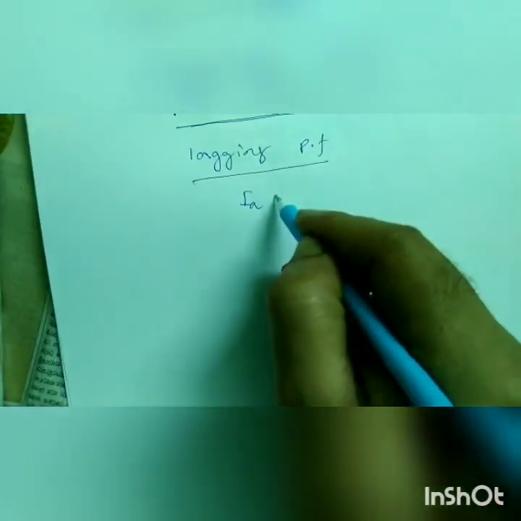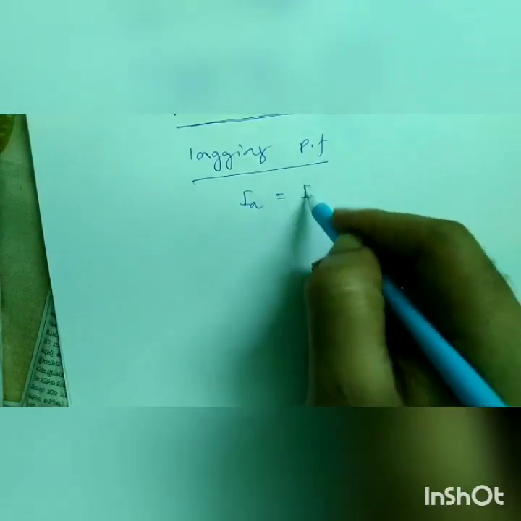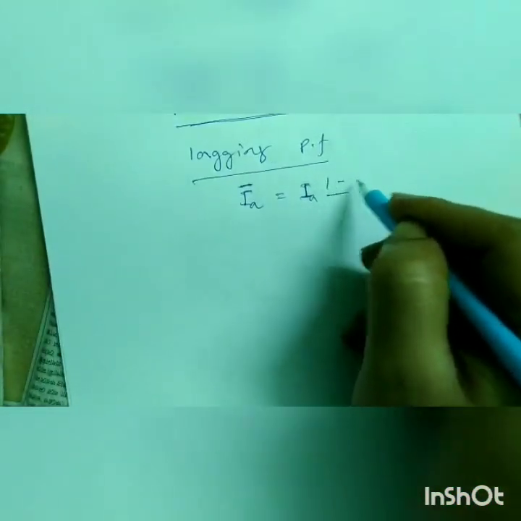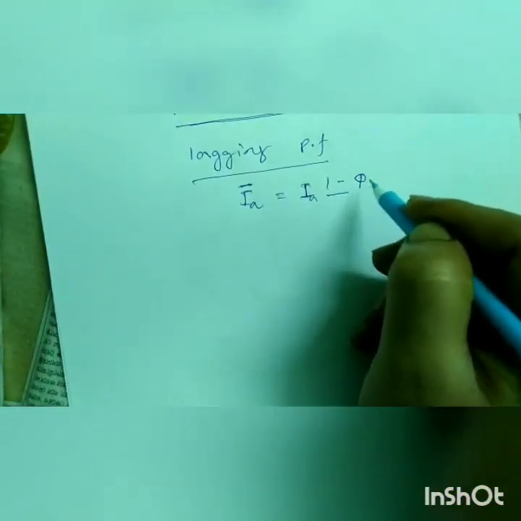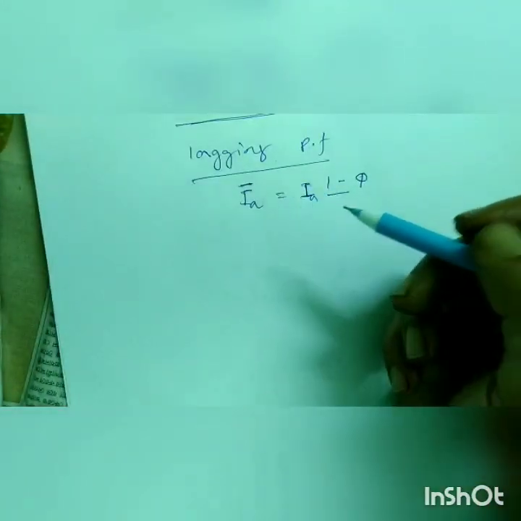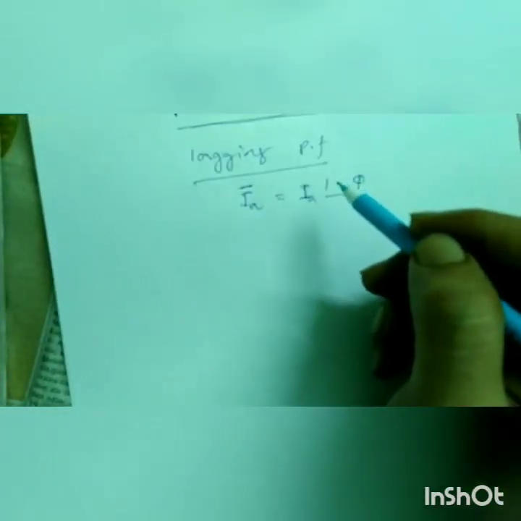So my current will be like that, IA, that is phasor IA at an angle minus phi.